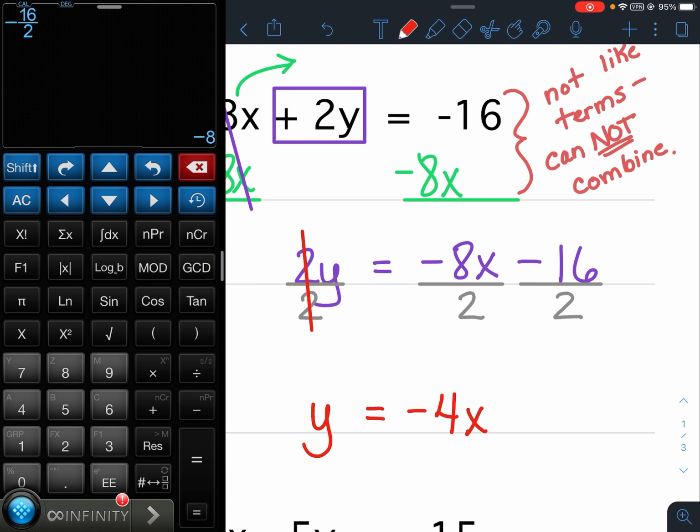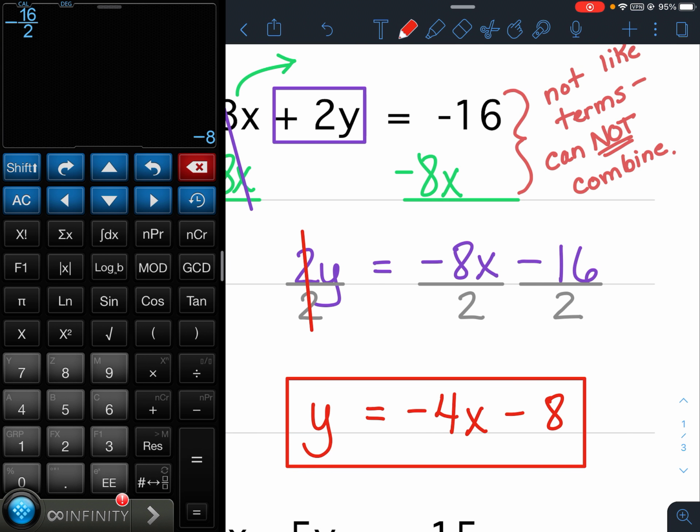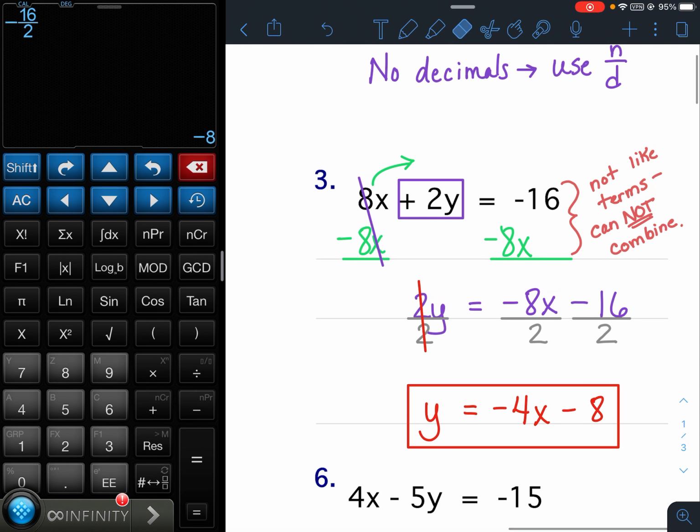And I get negative 8. So, number 3 is a two-step problem because x and y are on the same side. So I had to take the x term to the right side of the equation first and then divide everything by the coefficient of y, getting y equals negative 4x minus 8.